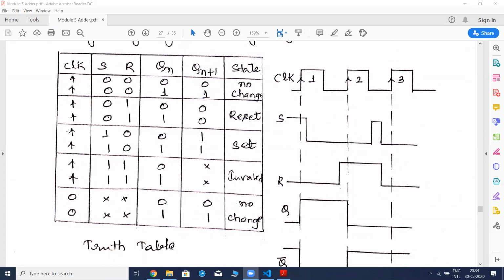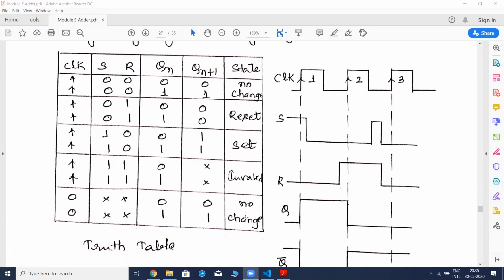These are the 4 different states for the SR flip-flop that we are going to get, provided our clock is active. If the clock is not active, then there is no change condition, or the previous state is going to be retained as the present state.